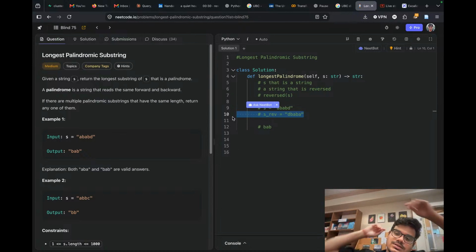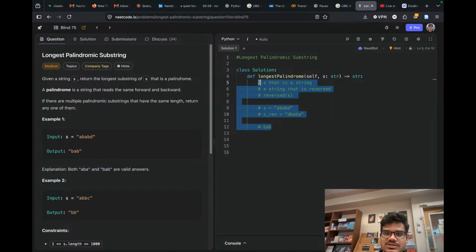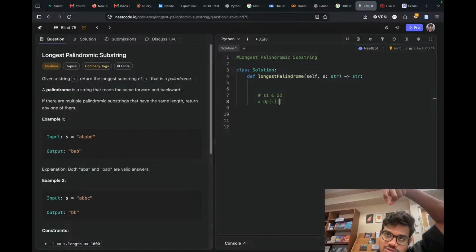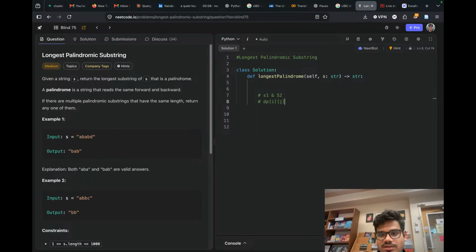So yeah, let's find the longest common subsequence in this. Given two strings s1 and s2, in the longest common subsequence, let's say we are taking the ith position of the first one and the jth position of the second string.